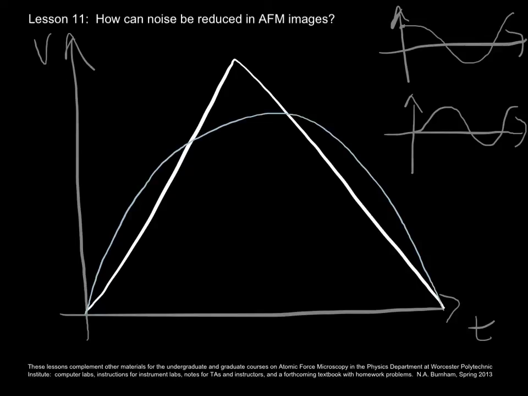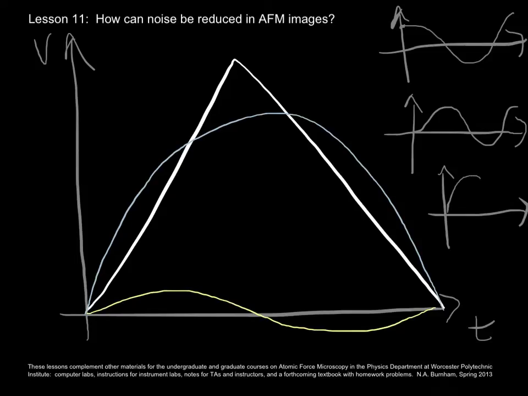So what would we try next? Well, we might try something with twice the frequency. And if we were to add that yellow line to the blue line, that's not going to help either. It would make the triangle wave fatter on one side. It would be kind of lopsided. So let us try another frequency.